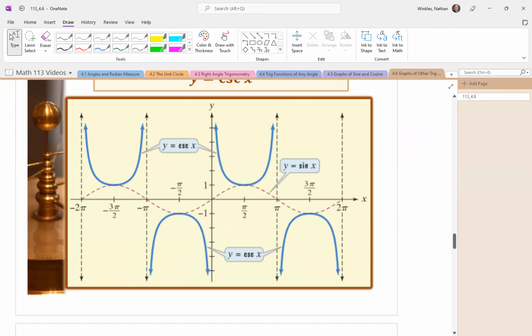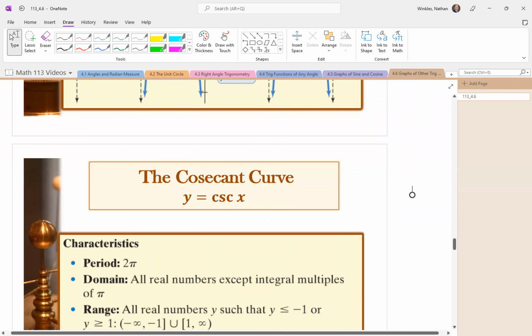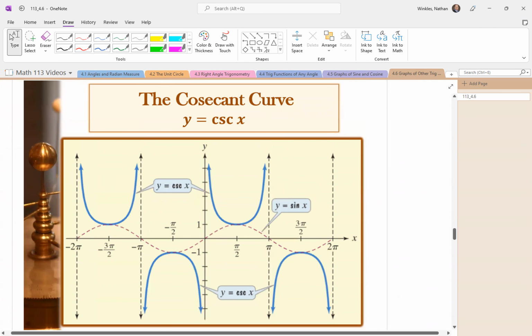Now, the next type of graph we could have is our cosecant curve. First, what we want to do is build the sine curve that corresponds to it. We build out the sine curve, and then at all of the peaks of the sine curve, we have a trough of our new curve.